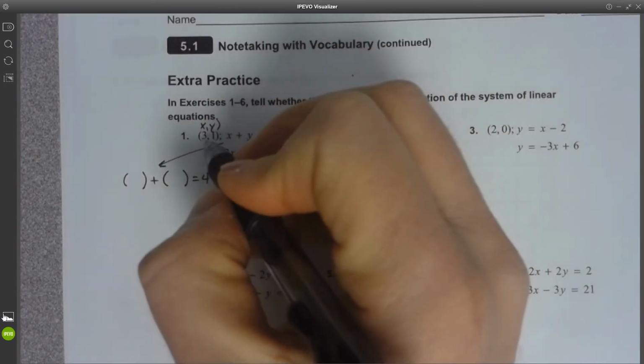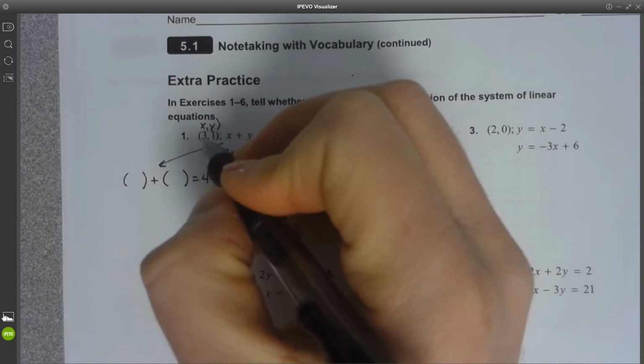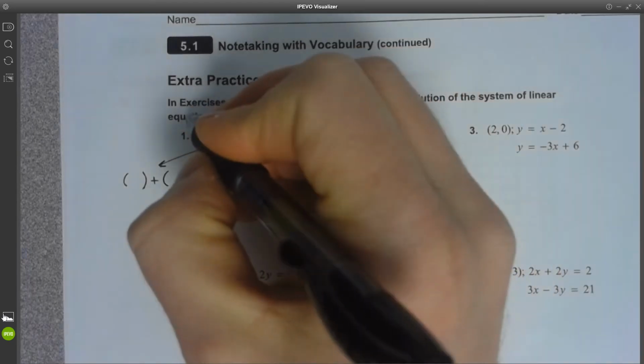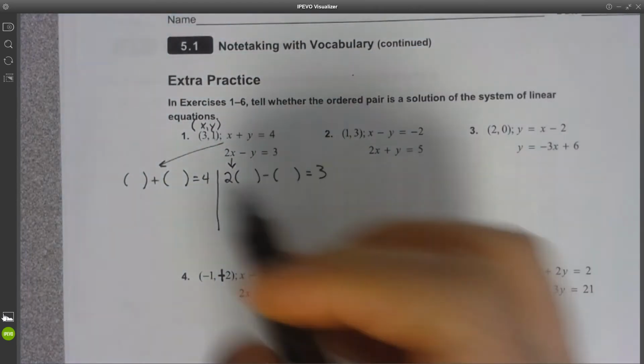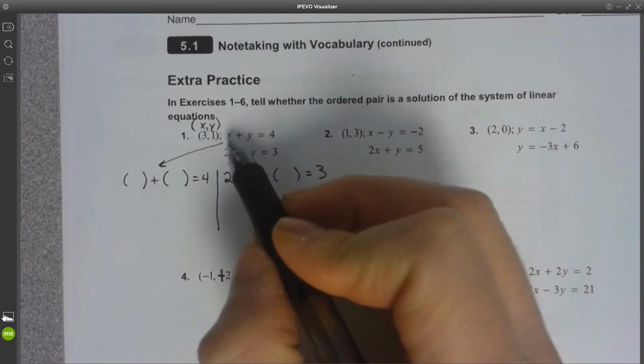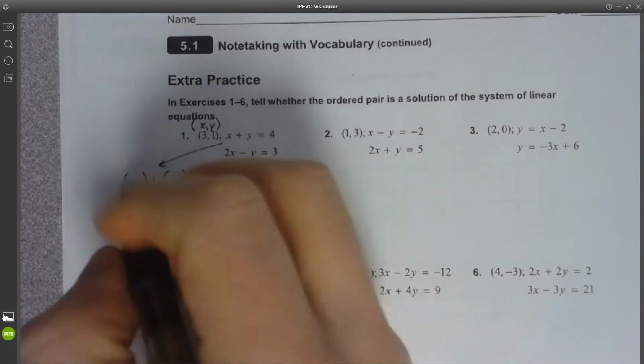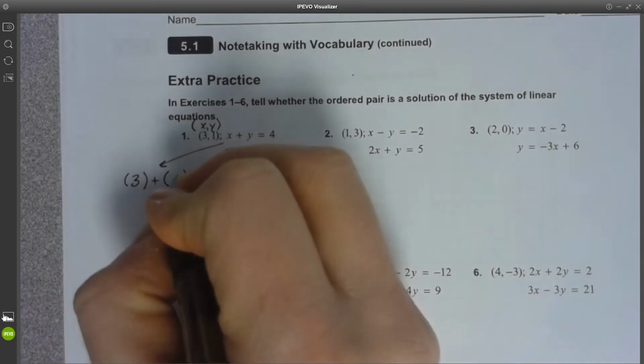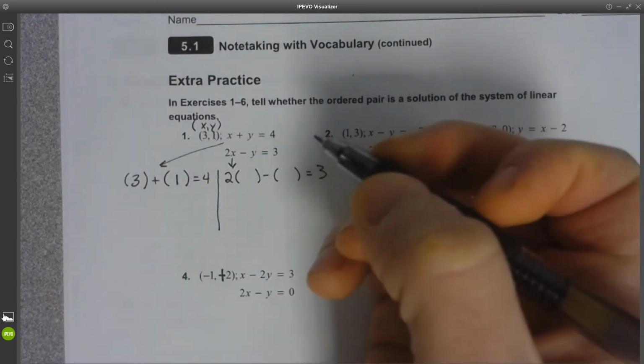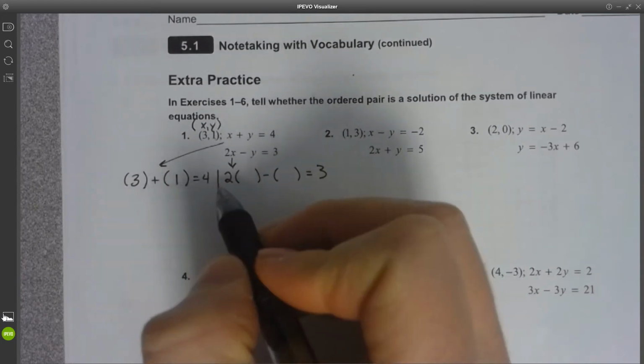So remember with coordinate pairs, the first number is x, the second number is y. And so that means we can replace x with 3 and we can replace y with 1. So that first equation would be 3 in place of x, 1 in terms of y. And then let's see, is this equal on both sides?